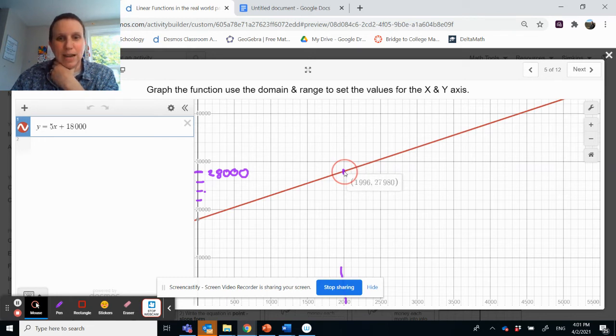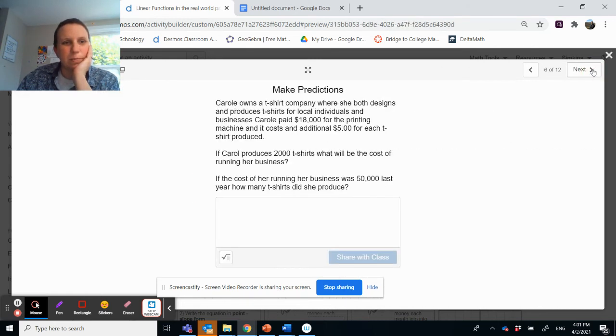You have to get it exactly to 2,000 though. There we go. 2,000 and 28,000. So if she prints 2,000 t-shirts, she'll spend $28,000.